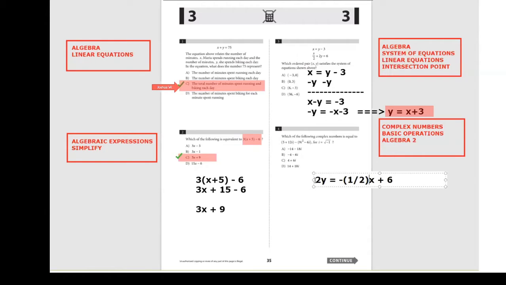So then it will become... You could divide by 2, which equals x over 4 plus 3.